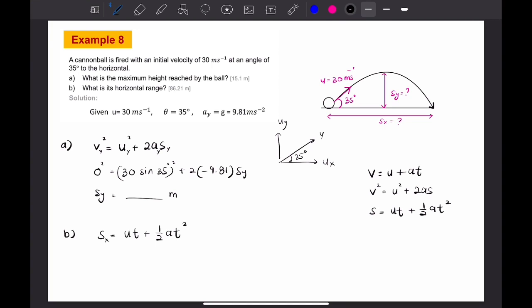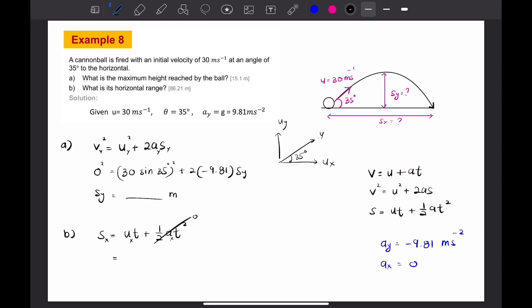And again, when we want to find the x, everything needs to be x: ux, ax. We don't have the t component, we just let it be. And again, I repeat this, ay is negative 9.81 and ax is 0. So you can cancel out the half axt square because it is literally 0.